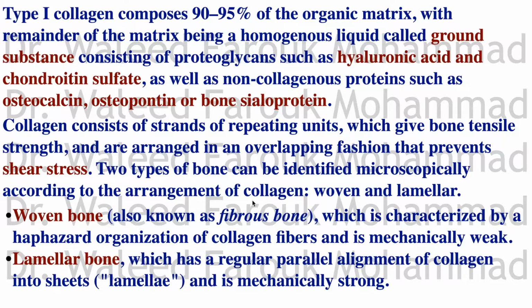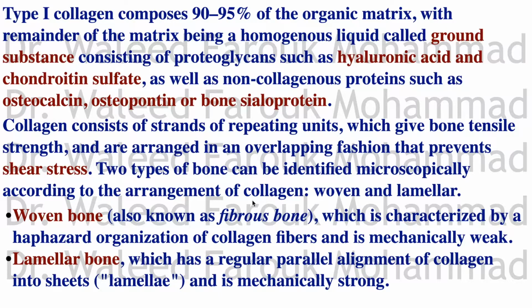The collagen consists of strands of repeating units and of fibers, and it's responsible for giving the bone its tensile strength, and it's arranged in an overlapping fashion that prevents shear stress.